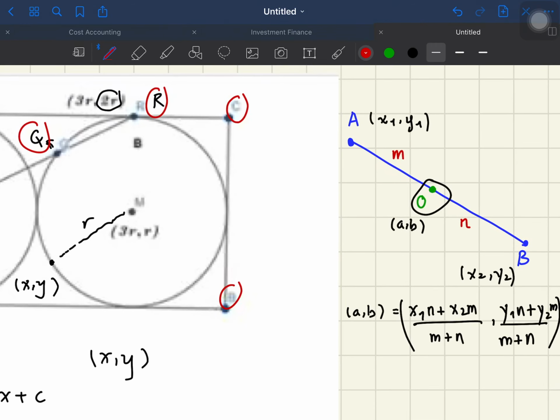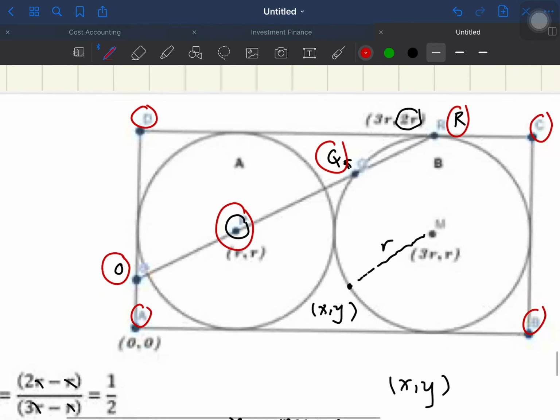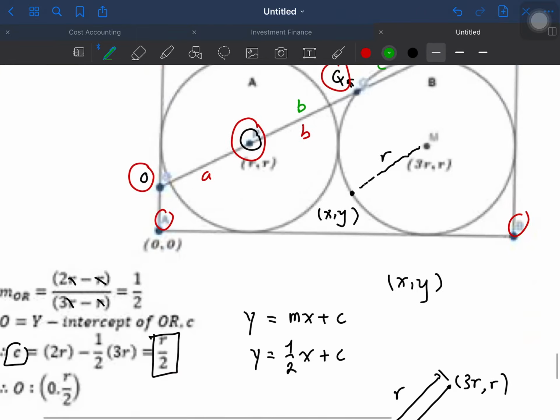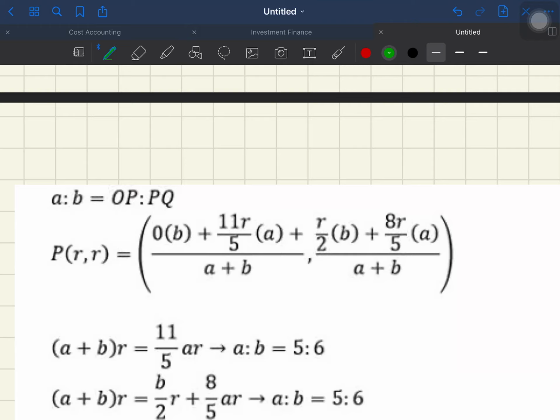But in this case, we're going to find the ratio, and we are given these three points. So in this case, I'm finding the ratio of A and B here, and later I will find B and C. They might have different numbers, but we just try to manipulate them for the best. First and foremost, we find the ratio of A to B.